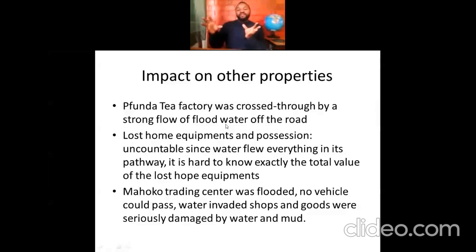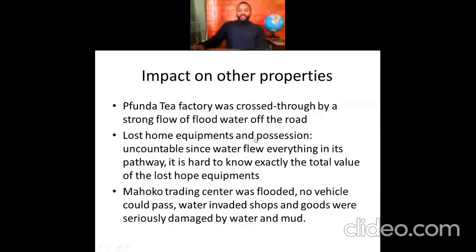Some water followed the road, and too much current, too much water flow was in the road, and then diverted towards that tea factory. So too much water was crossing the tea factory, and too much reconstruction or repair is needed.